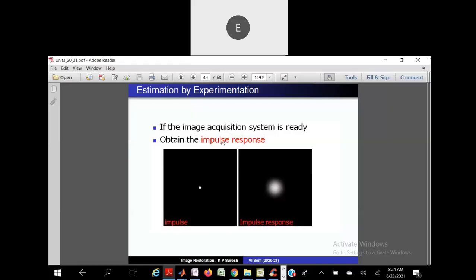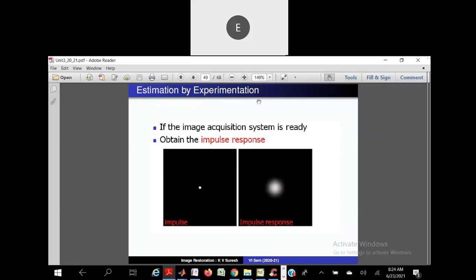Okay. So to find the impulse response, assume that this is an impulse. You could see that this is an impulse, a point source of light. I hope the white dot is visible. Use the camera, capture this. So it means that I am applying an impulse to the system. Whatever output or image that I get will be the impulse response.